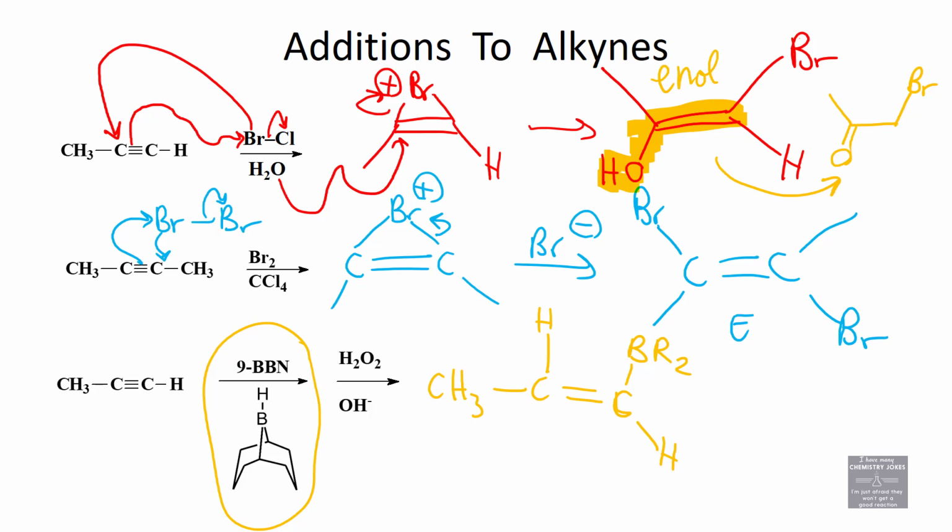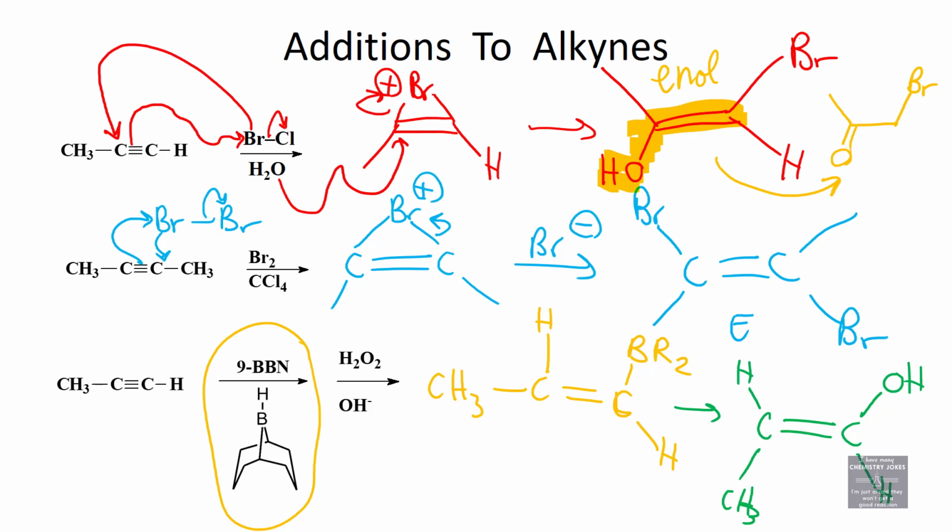And then I add hydroxide and peroxide. That does a replacement, replacing the boron with an OH, and everybody else stays the same. Note, the way I have drawn my product, the H and the OH got added to the same side.